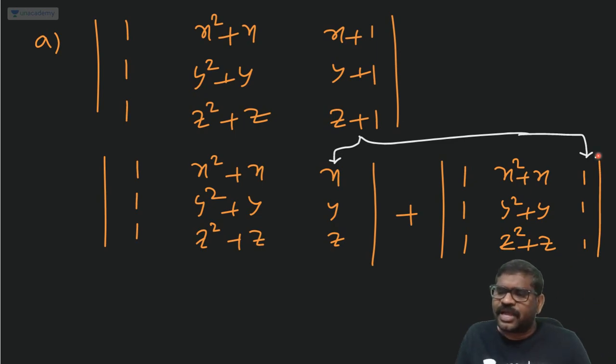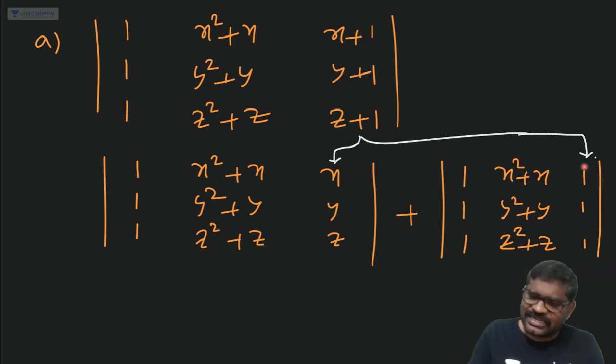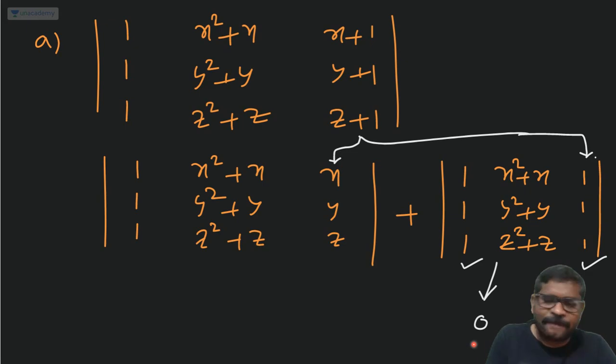Now in the second part, the first column and last column are identical. When two columns are identical, the value of the determinant is 0. This determinant is 0.